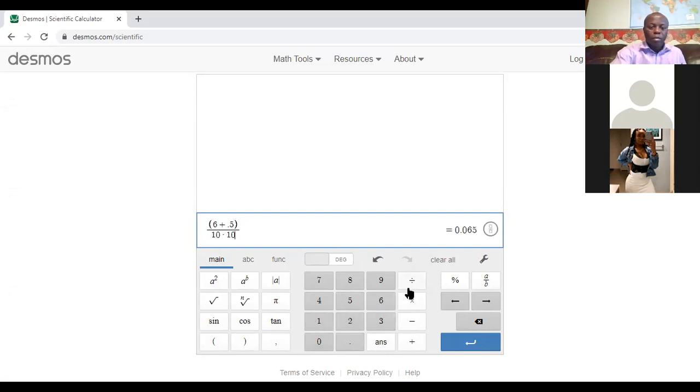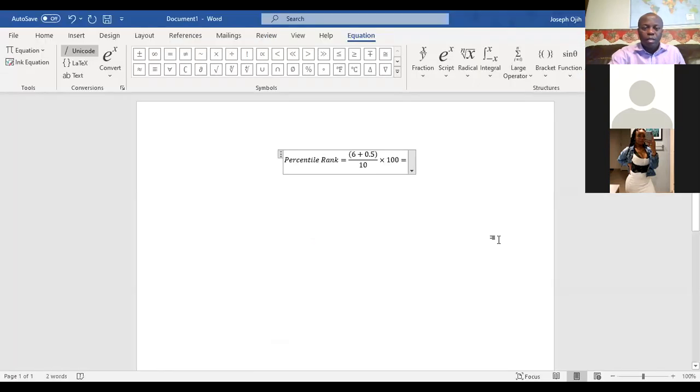That gives 65, which means that our percentile rank for this is the 65th percentile.